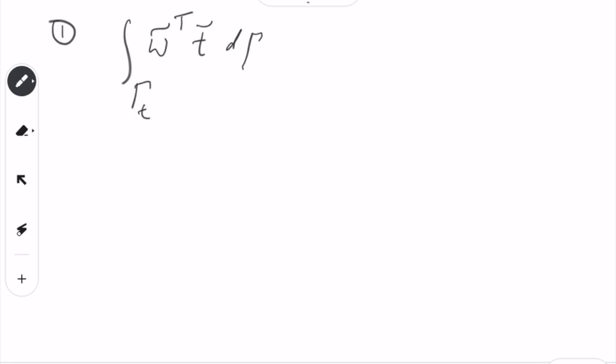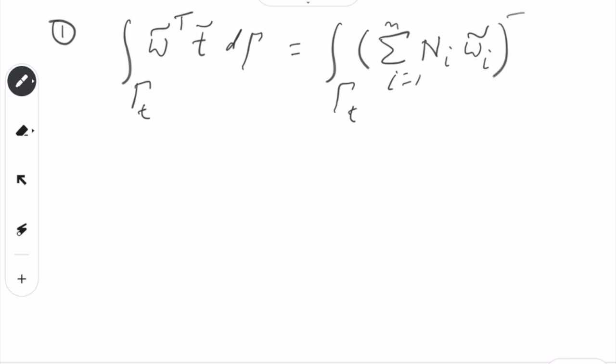Okay, so this will be equal to, we know that this is nothing but the summation of N_I and then w_I tilde, where I equal to 1 to n, and then we have the transpose of that, and then t tilde d gamma.